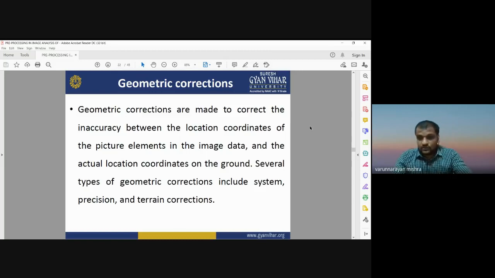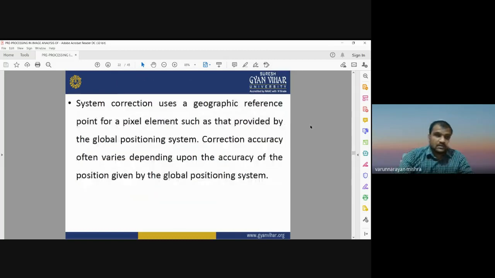Okay. So the system correction uses a geographic reference point for a pixel element, such as those provided by the global positioning system. The correction accuracy often varies depending on the accuracy of the position given by the global positioning system.